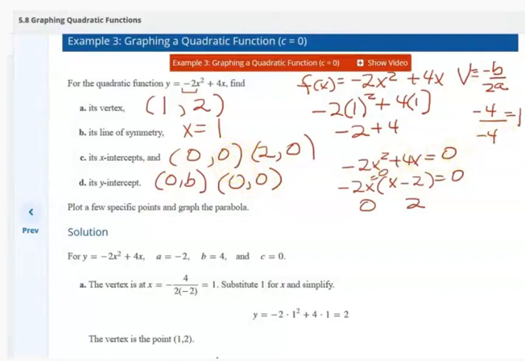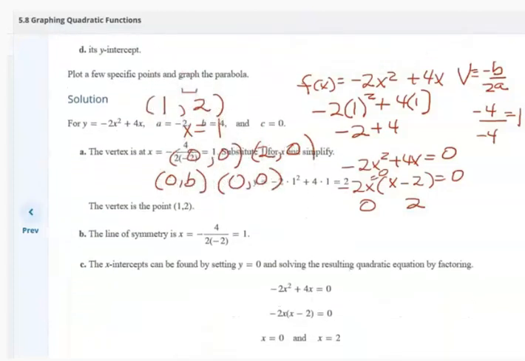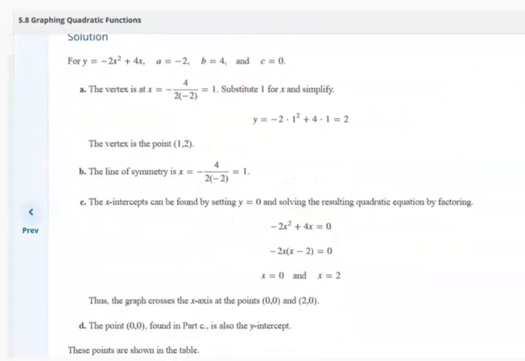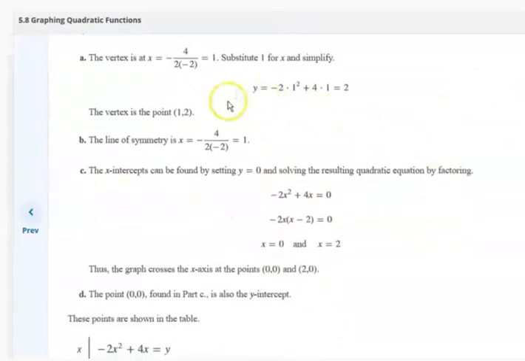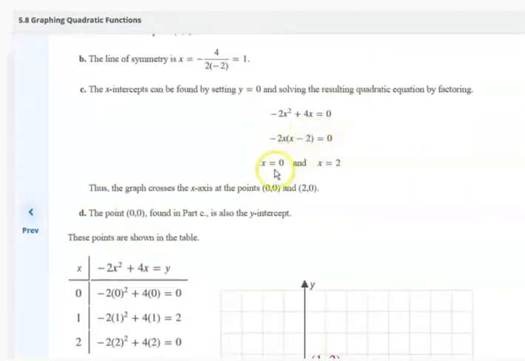All right, now let's take a look at what the book is showing us, because they do a nice job too. And I'll clear this up here, so hopefully you have it written down. So we got the vertex, 1, comma 2. Got the axis of symmetry is x equals 1. We solved it using factoring, and we got, for our x coordinates, this. Now remember, when we're finding the zeros, our y coordinates are 0.